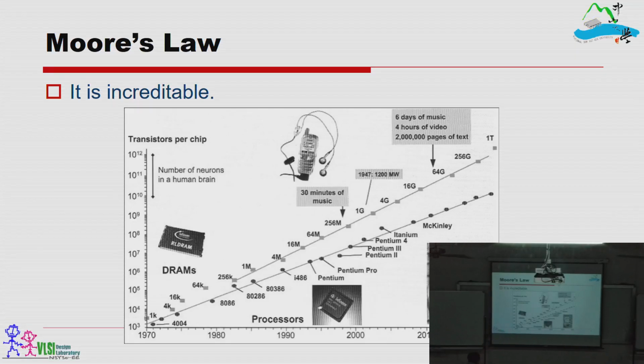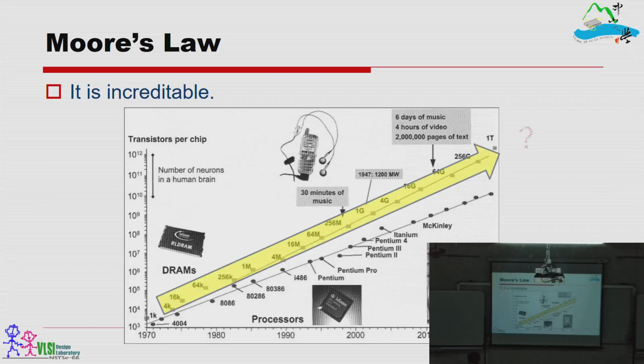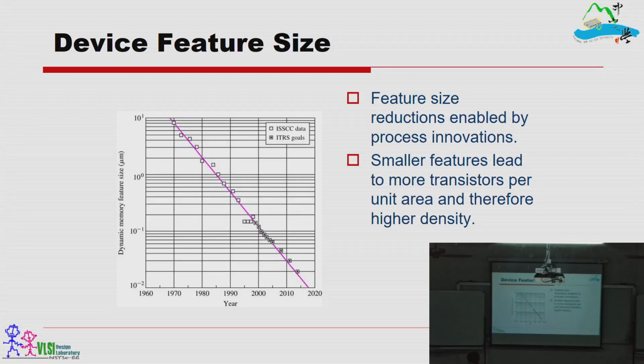This is a very famous one. Why do we have this kind of fascinating development of ICs? It is because of the advance of technology: the size of the device has shrunk by half every 24 to 18 months.